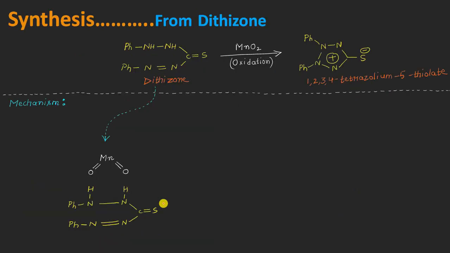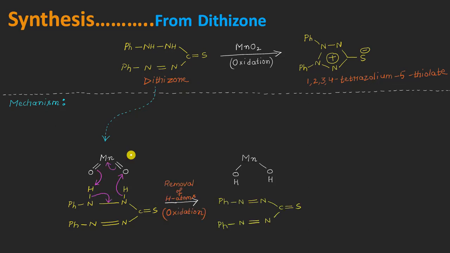And now let us have a look at the first synthesis method that starts from dithiazone, and carrying out oxidation with the help of MnO2 will result in the formation of our required mesoionic molecule. Now the mechanism goes like this. You can see here this is the dithiazone molecule, the starting material, and here is the MnO2, the oxidizing agent, right?